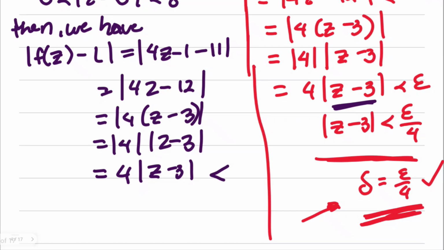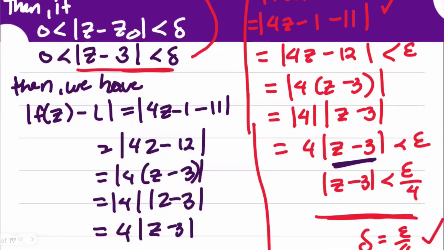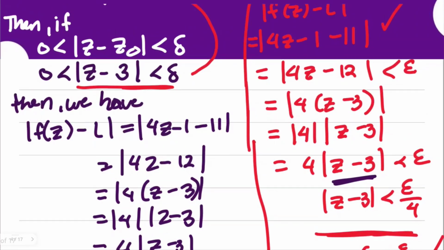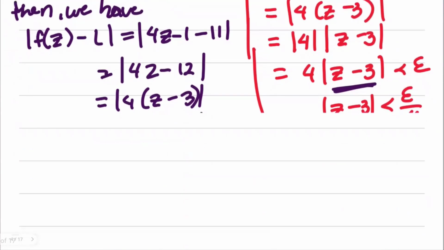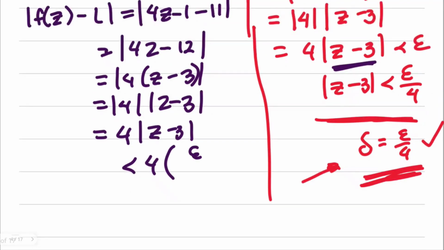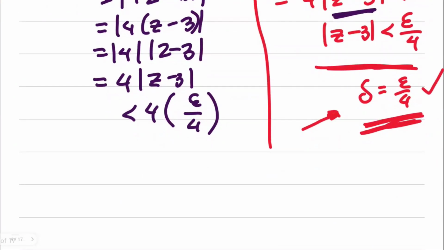Take note, we need to show this is less than epsilon. But since we have assumed earlier that delta is epsilon over 4, we can now say that the absolute value of z minus 3 is less than delta, which is epsilon over 4. So this would be less than 4 times epsilon over 4. By cancellation, you have shown that this is less than epsilon.